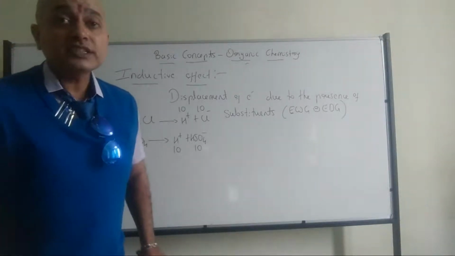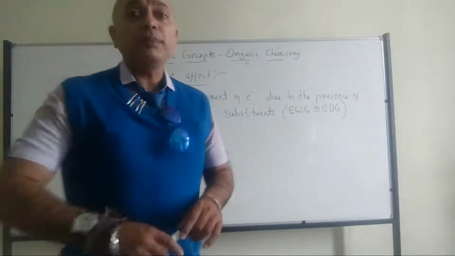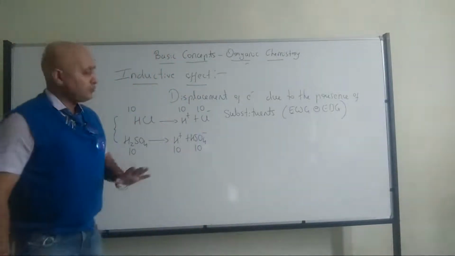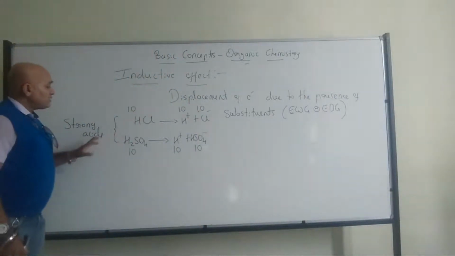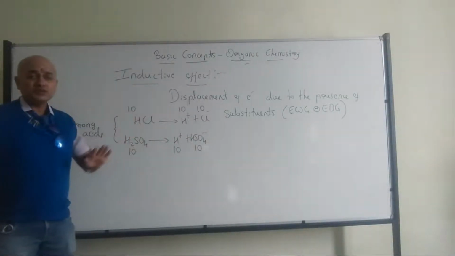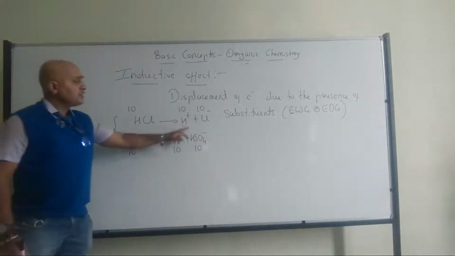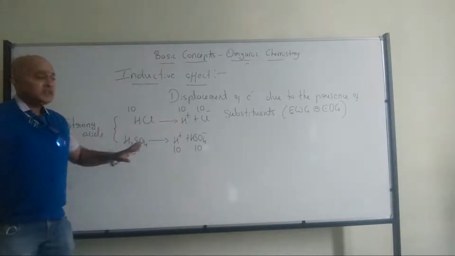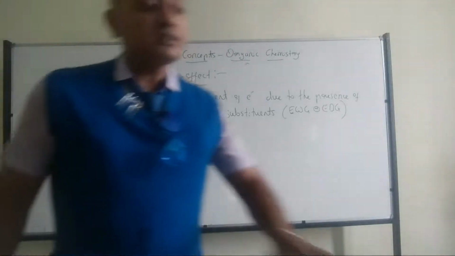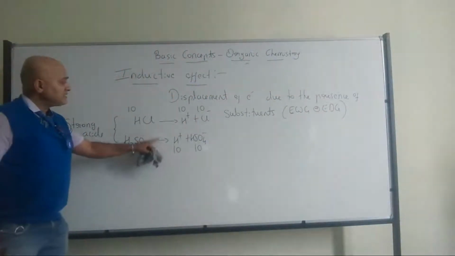Why are they called strong acids? Anyway, these things in detail you are going to study in a topic called chemical equilibrium. But for the time being you should understand that they are called strong acids because they are completely dissociated in water. So there is no question of any HCl being left over. It will be completely dissociated. They are good donors of H plus.